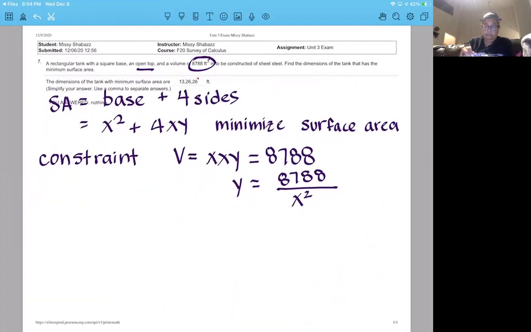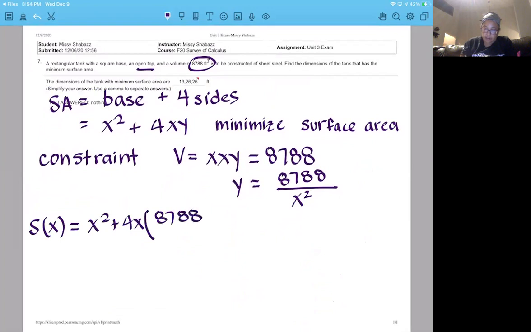Right, so my surface area in terms of x is going to be x squared plus 4x times 8,788 over x squared, which is x squared plus 4 times 8,788.